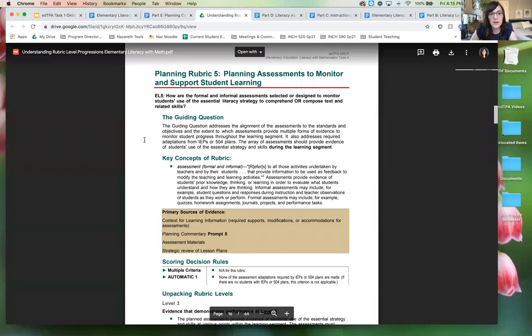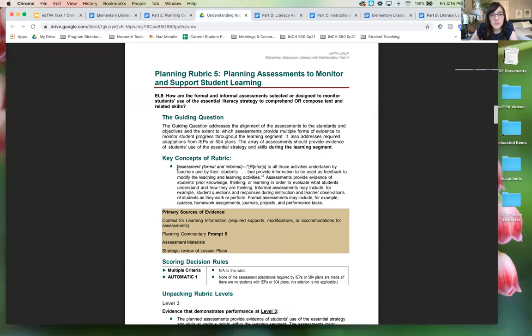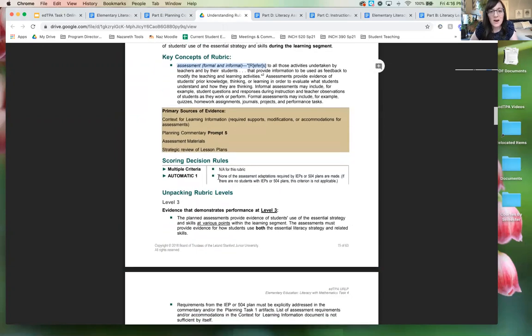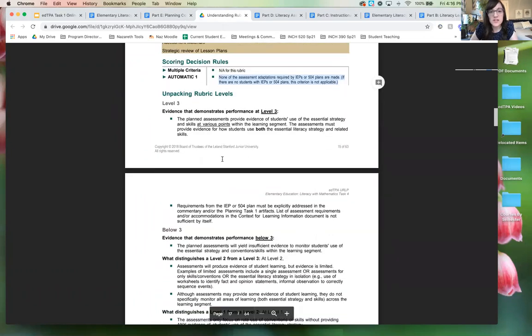Let's take a look at the rubric. So key concepts, you got to know what informal and formal assessments are, and that's explained. That's the definition we've been using in this class. It's based on the edTPA, so I'm not going to go over that. Auto criteria, if you don't modify your assessments for your students with needs, we've already talked about that.